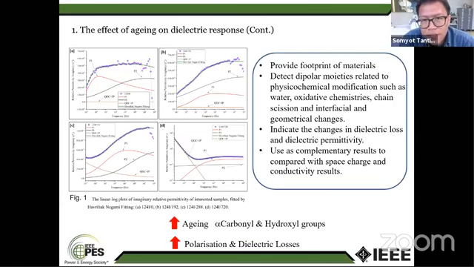Dielectric response can detect the dipolar moieties related to physical and chemical change, such as the water content, oxidative chemistry, chain transition process, interfacial and geometrical change. We can also determine the change in dielectric loss and dielectric permittivities, used as a complementary result to compare with the space charge and conductivity results.